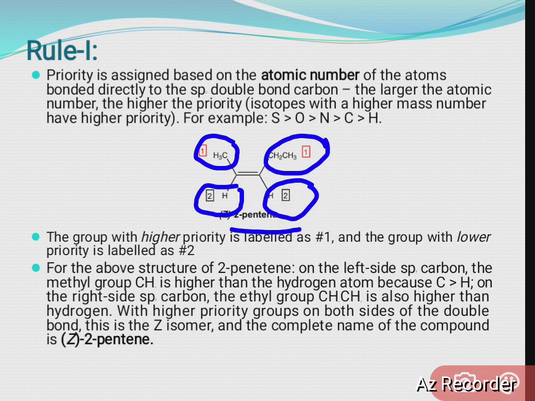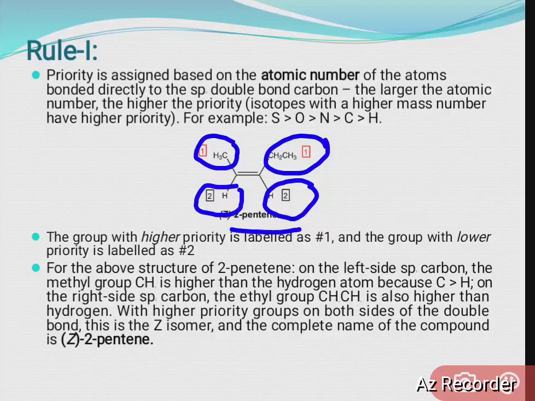Next, we are going to name this isomer. How are we going to name it? We will consider it as either the E isomer or the Z isomer. In the case of the E isomer, the two highest priority groups are present on the opposite side. But in the case of the Z isomer, the highest priority groups are present on the same side.